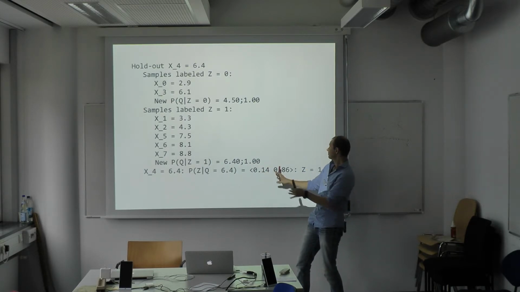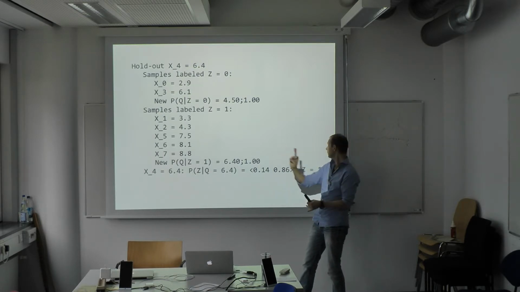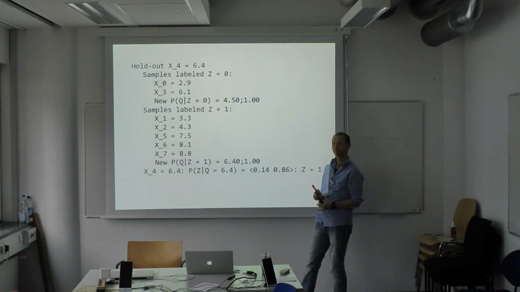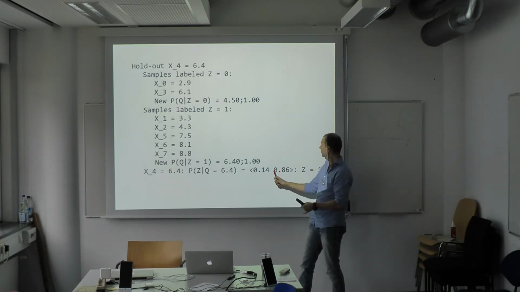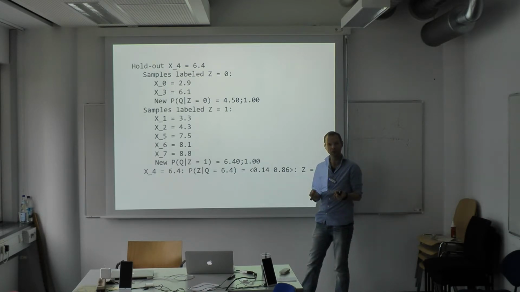So we say, well, we're going to say that x4 is now going to be labeled 1. And we came to that conclusion because we randomly sampled that distribution, and because this is bigger, there is a greater chance that we pick 1 as opposed to 0. But we could pick 0. That's the stochastic element of Gibbs sampling.